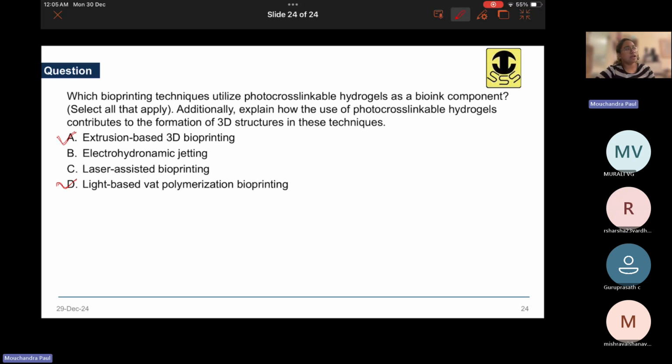People have used, but you don't generally need photocross-linkable materials. It's not a necessity. You don't need exactly photocross-linkable materials for laser, but let me check.